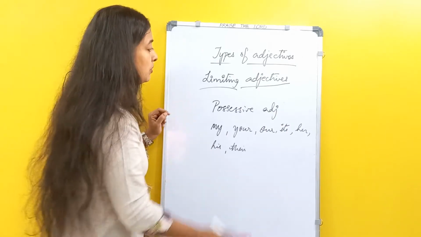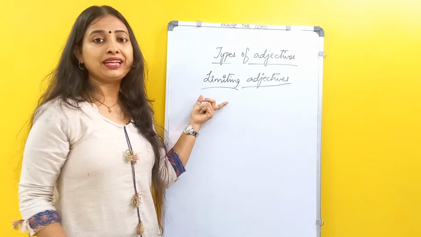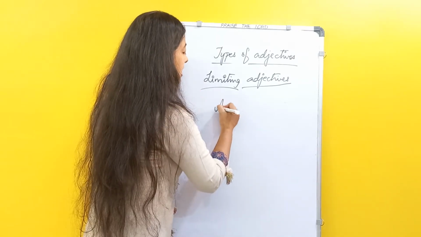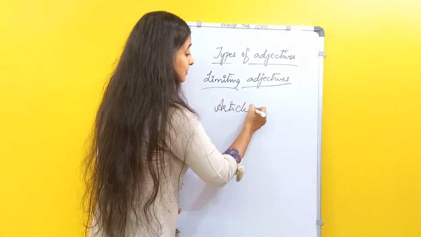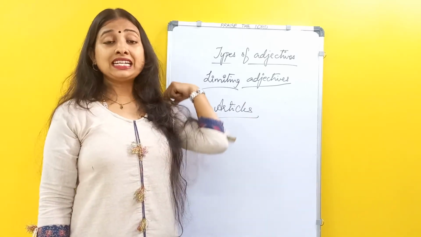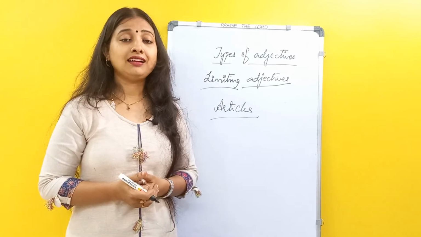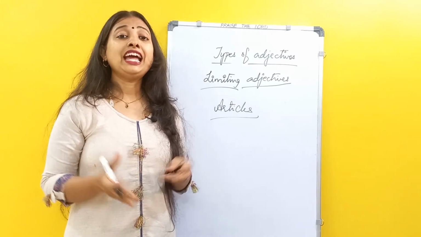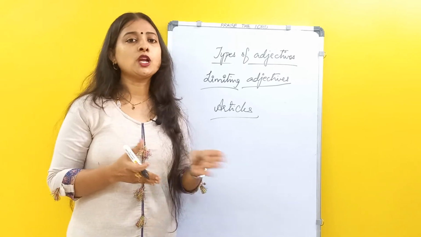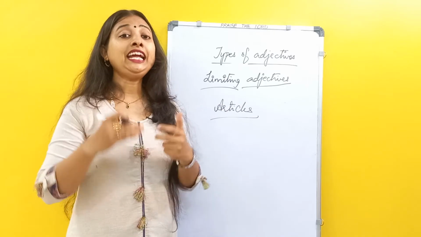And coming to one more thing, the last of the limiting adjectives we can say, they are articles. Articles. You might be wondering, articles are completely different from adjectives. Why are they coming under adjectives? But every article, whether it is a definite or an indefinite article, is an adjective.